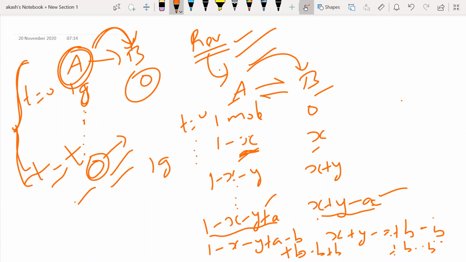So what is happening here? Even though you see some kind of chemical reaction happening, this particular term, 1 minus X minus Y, plus or minus A, and X plus Y minus A, whatever I had here, is actually remaining constant. Is it not? This plus or minus B is going back and coming, going back and coming, right? So what do you see? Eventually, the concentration of A and the concentration of B are actually not changing.